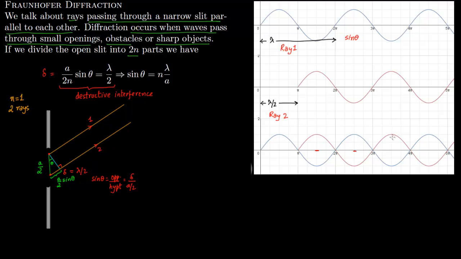Red is positive, blue is negative, you have 0 here. So these two rays are cancelling each other out. So you have destructive interference right here, and that is what we will see. You will have destructive interference at these points.